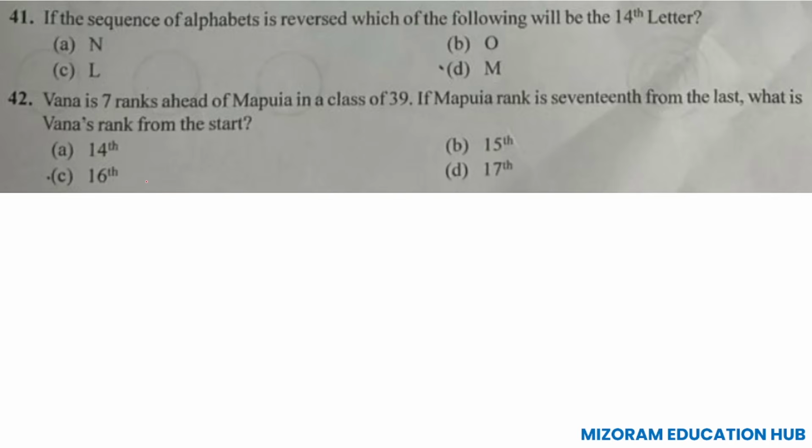Now question number 41. The sequence of alphabet is reversed. Which one of the following will be the 14th letter? The 13th letter from the back is M, so definitely in reverse it is M. Vana is 7 ranks ahead of Mapuya in a class of 39.